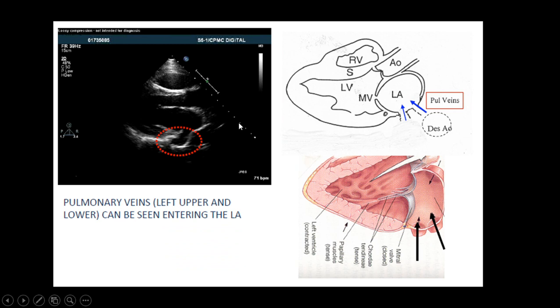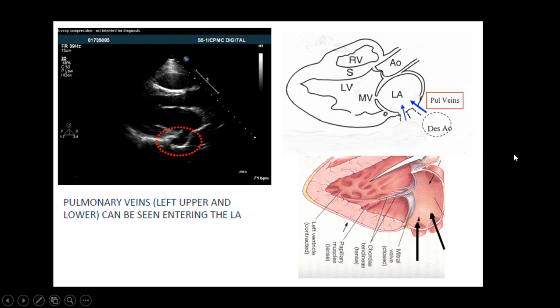Sometimes if we angle too much to the left of the patient, behind the left atrium, we will see one or two ducts joining the left atrium. They can be the pulmonary veins, one or both of them, the left upper and lower pulmonary veins. That is not pathology.